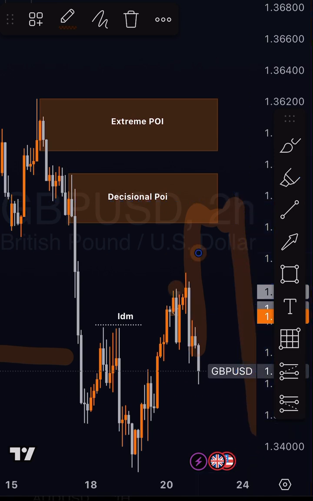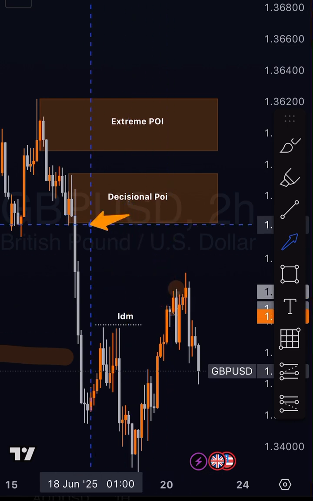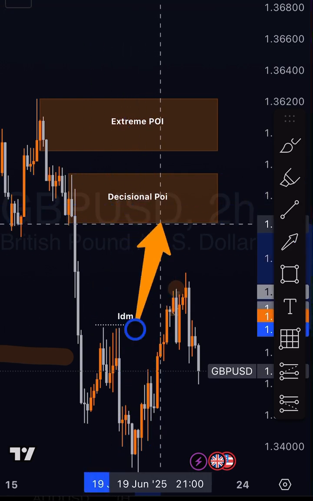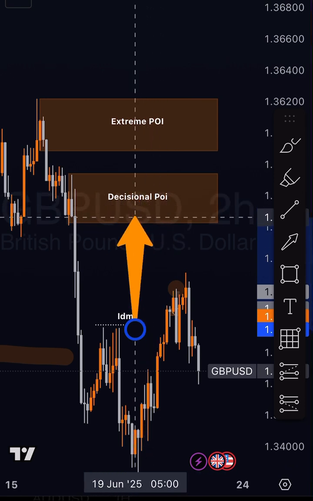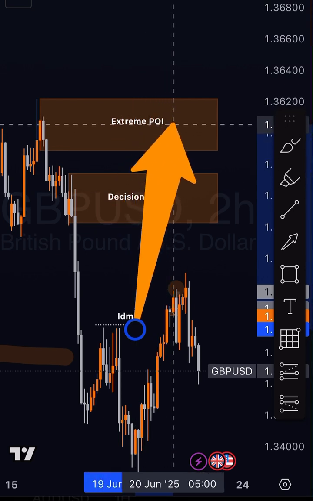But I always tell people not to put the sell limit over here on the decisional order block. Not to put the sell limit or buy limit on the decisional order block. Over here you have to wait for your entry. Here you can put the buy or sell limit.